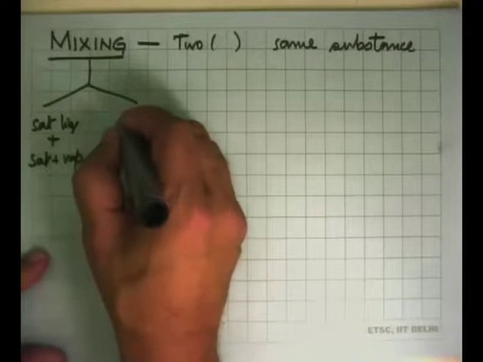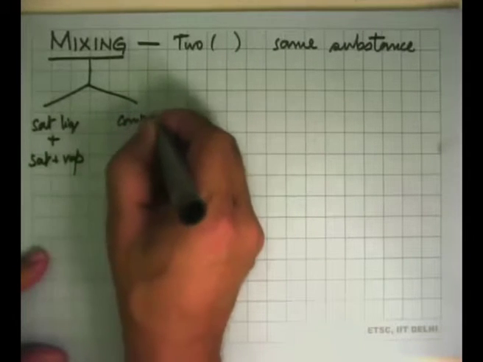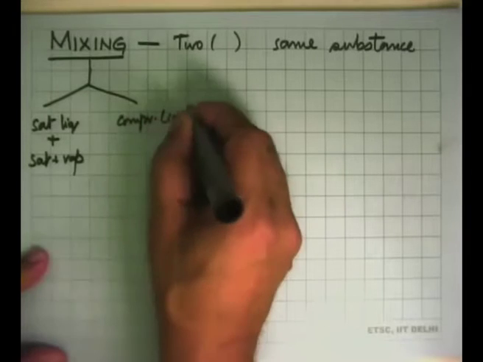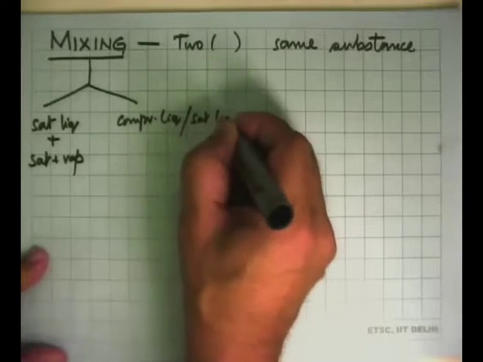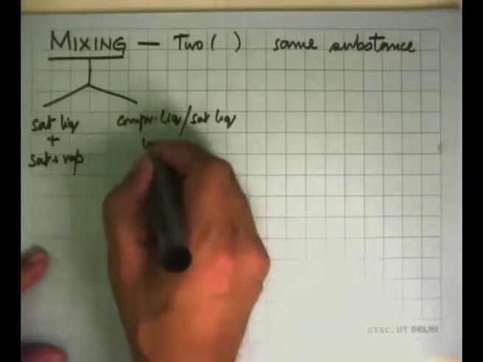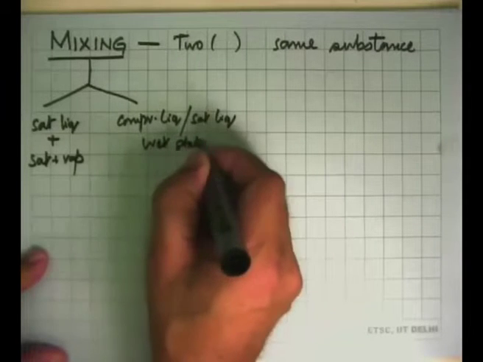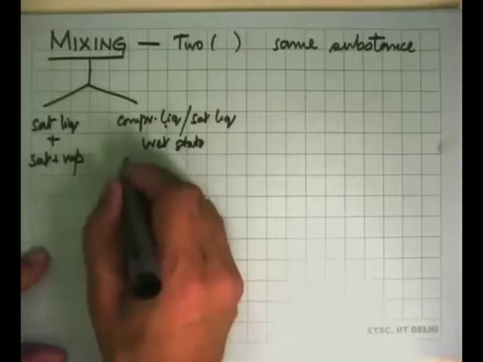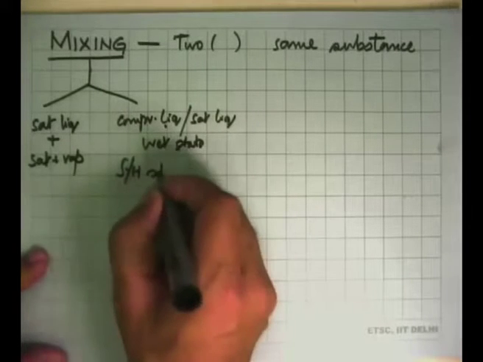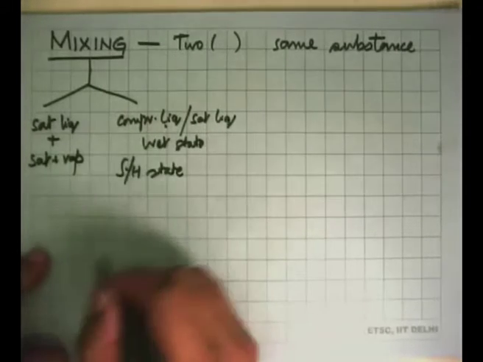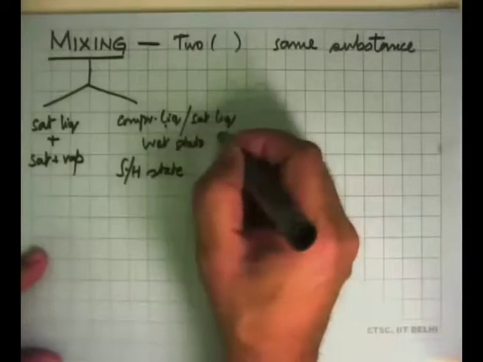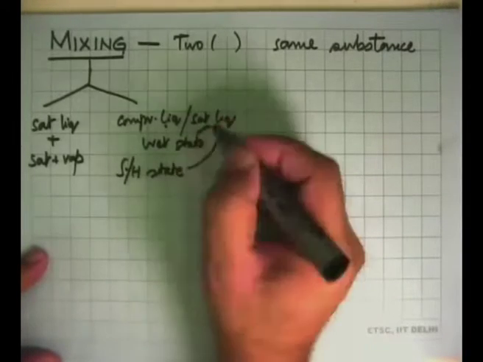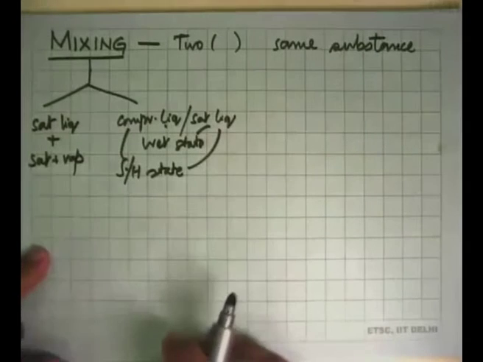So what we are saying is that we could have either compressed liquid or saturated liquid or a wet state, and we mix either this and this or superheated state. So we are mixing this with this, or this with this, or this with this.